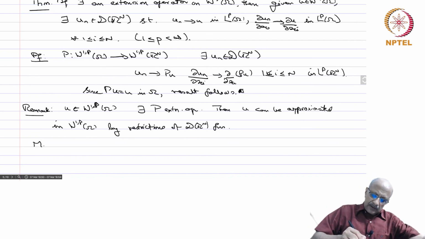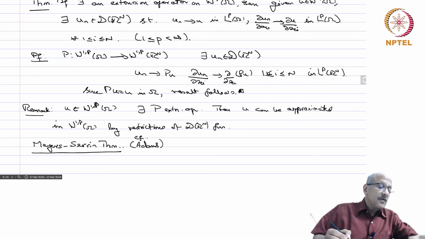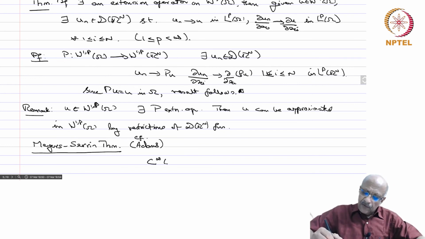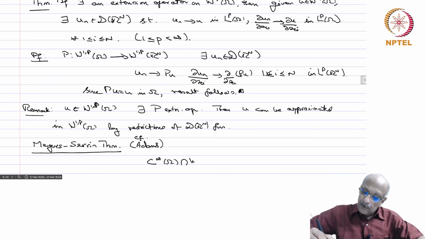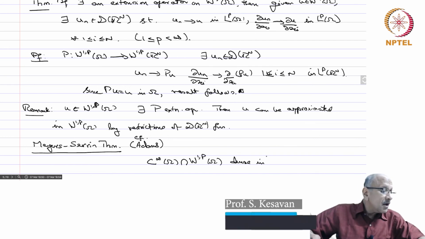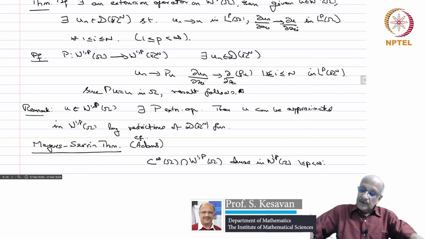So, we have a more difficult theorem called the Meyers-Serrin theorem. You can find a proof in Adams, the book which I cited. The Meyers-Serrin theorem says C infinity of omega intersection W^{1,p}(omega) is dense in W^{1,p}(omega), for 1 less than or equal to p less than infinity.